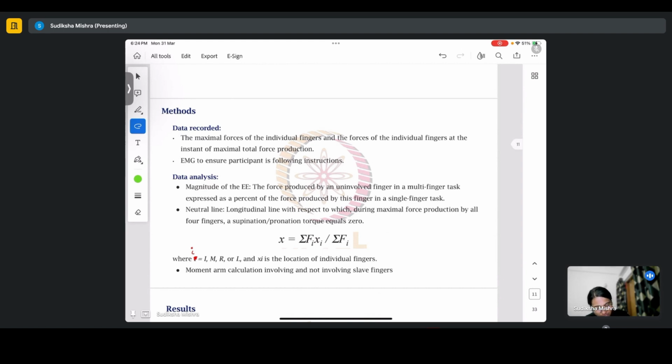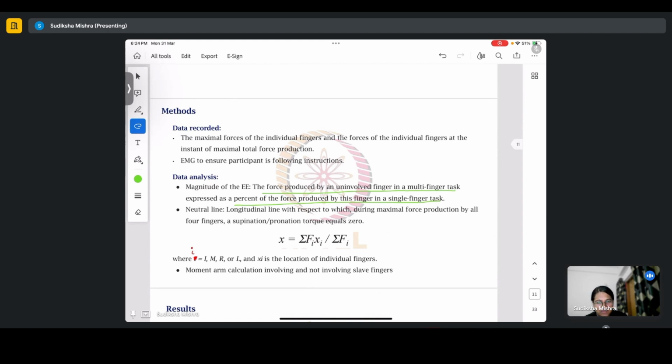So the magnitude of enslavement effect, which is essentially the force produced by an uninvolved finger in a multi-finger task, was expressed as a percentage of the force produced by this finger in a single finger task.